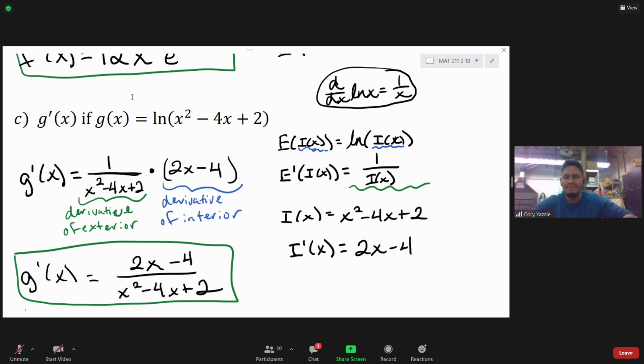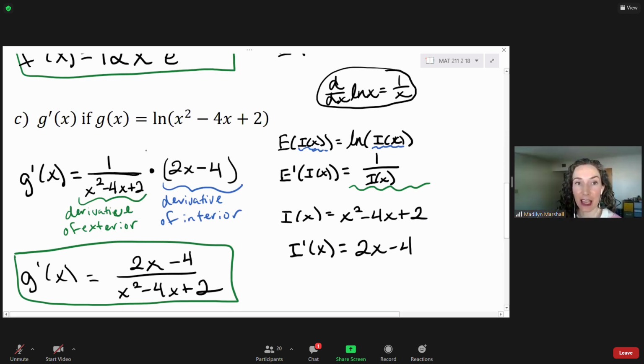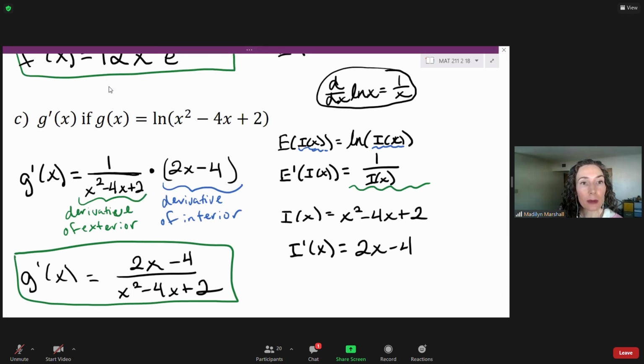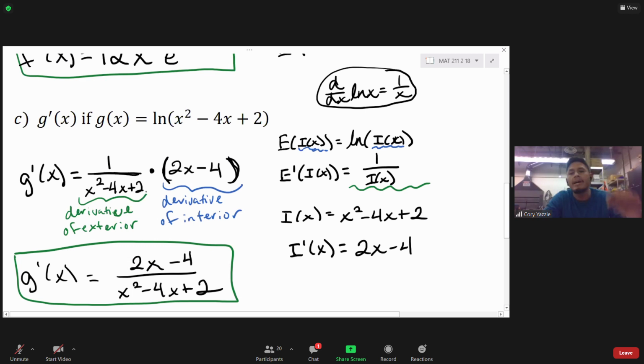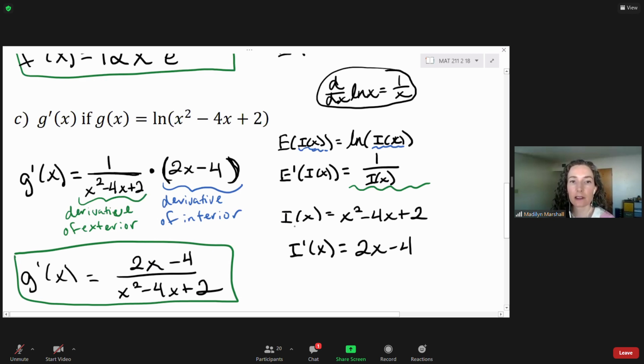I just wasn't sure if that was acceptable. It's not the same thing, because this whole I prime, the derivative of the interior, is multiplying with the 1 over stuff. Oh, okay. Yeah. And so all of that has to go in the numerator. All right.